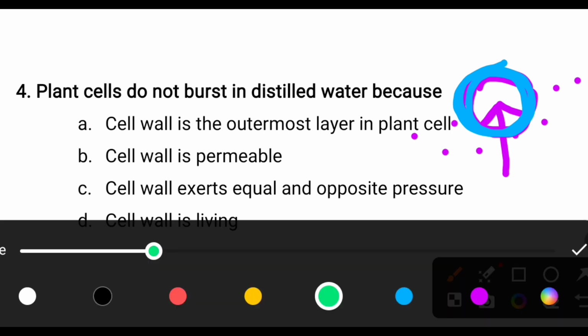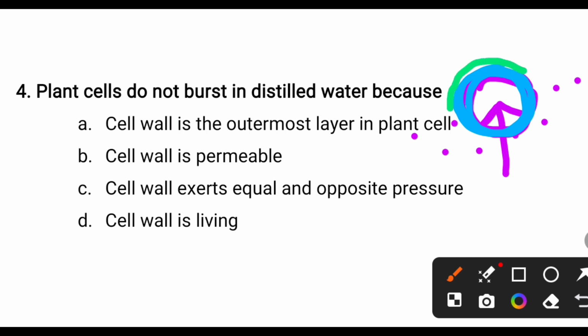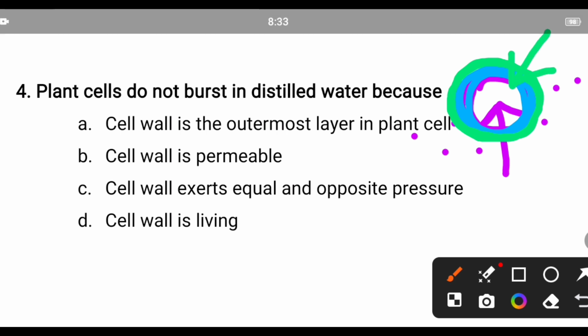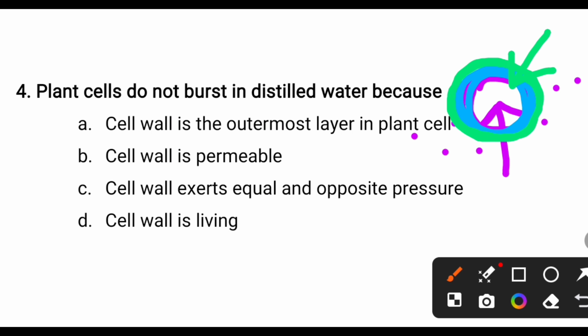You all know that plant cells have an outer boundary such as the cell wall. Now the cell wall pushes the enlarging plasma membrane inward. So this pressure created by the cell wall is called wall pressure.